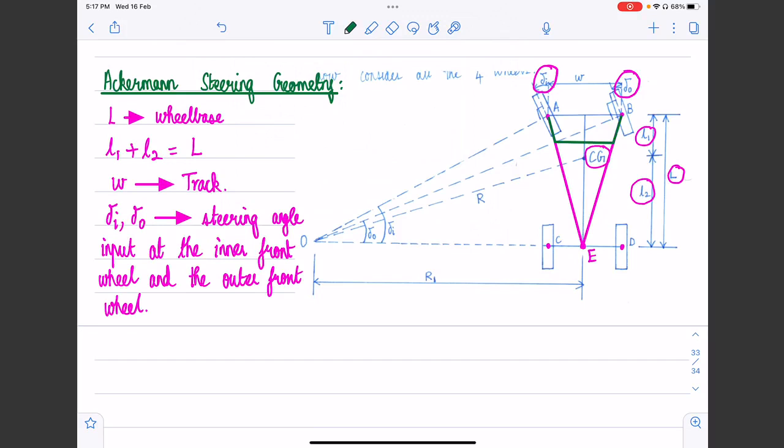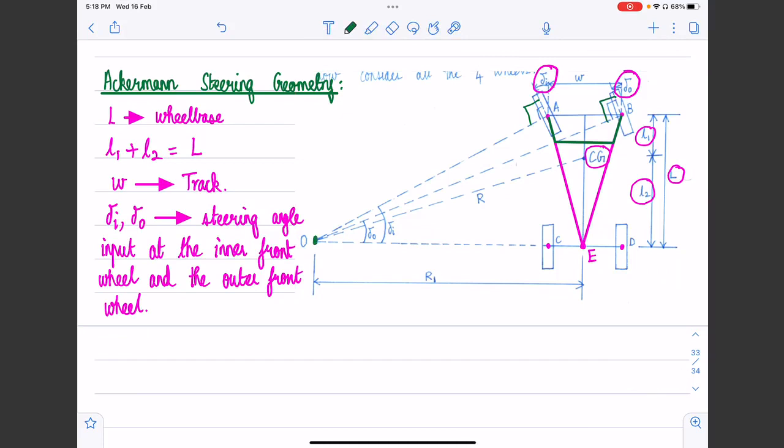Another way to visualize this is the following. If we draw line segments that are perpendicular to the two wheel planes, the central wheel plane of the front wheel and the central wheel plane of the outer wheel, and we project them, they intersect at this point O, which is on the center line of the rear axle extended into the turn.